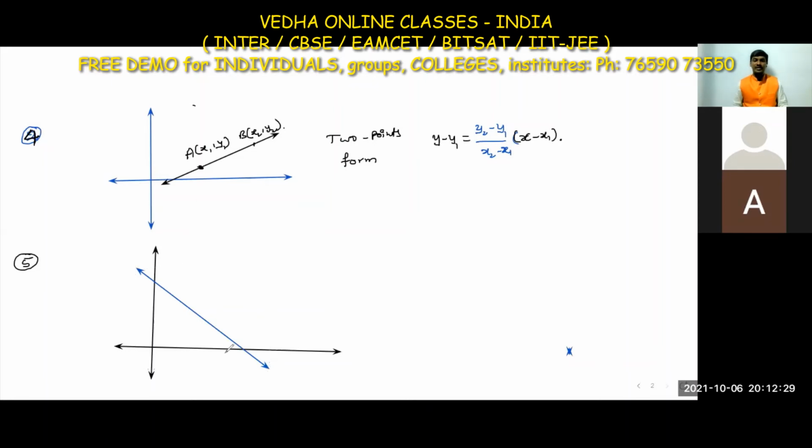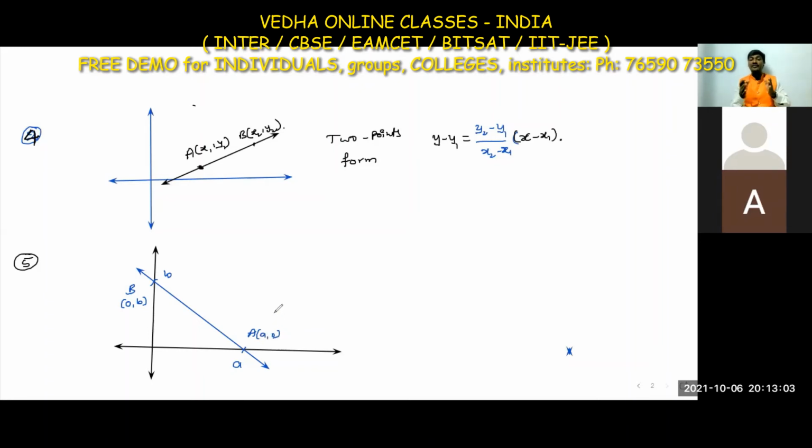This is A and this is B. A and B are the 2 points. The line intersects the x-axis at A and the y-axis at B. Written in point form, B is 0 comma B on the y-axis, x coordinate 0, and A is A comma 0.